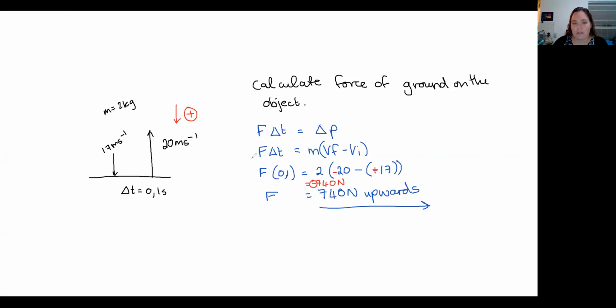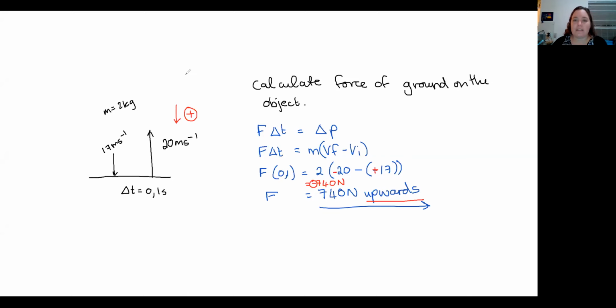But the negative still would mean upwards. So the direction doesn't change. It's just that you'd have a negative en route. You'd have to interpret that negative in terms of which way around you had made your signs, which meant that in this particular case, the negative would mean upwards. Does that make sense?